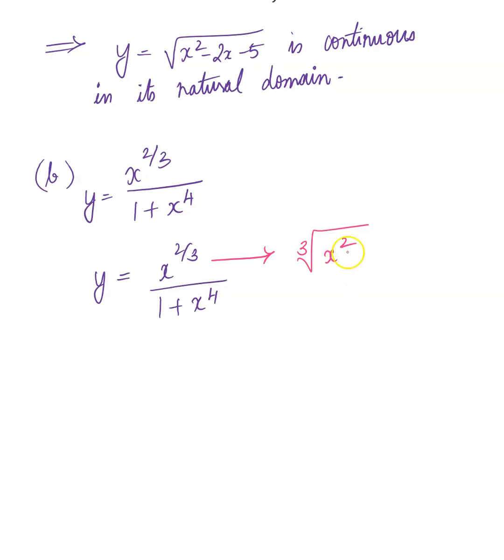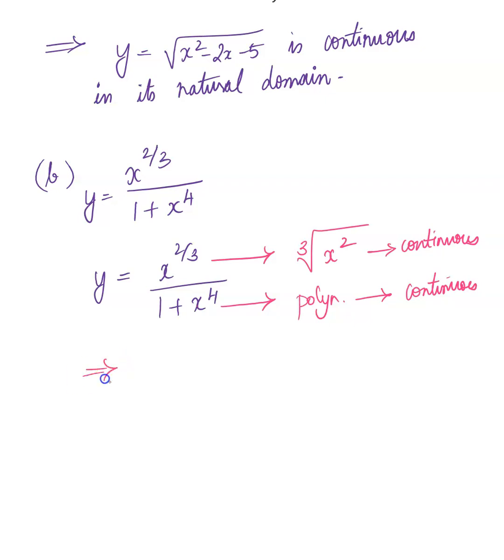X squared is a polynomial function, and the root of a polynomial function is continuous, so this is continuous. If you look at the denominator, 1 plus x power 4 is a polynomial, so that is continuous. So the numerator is continuous, the denominator is continuous. Nowhere does the denominator become 0 because no value of x will make it 0, right, because of the power 4.